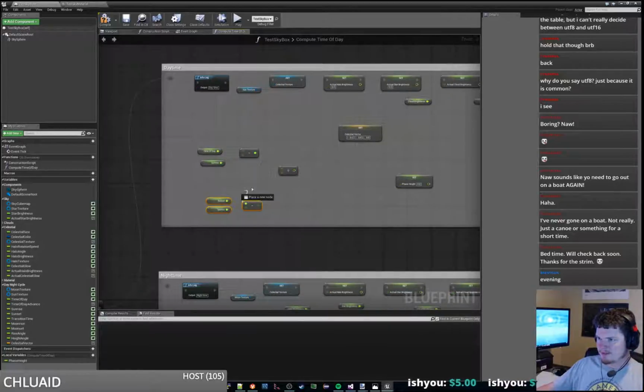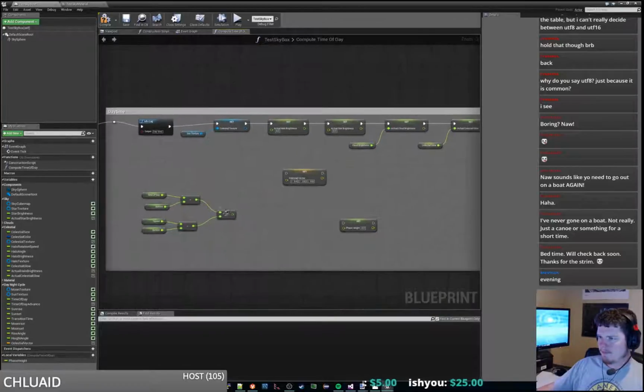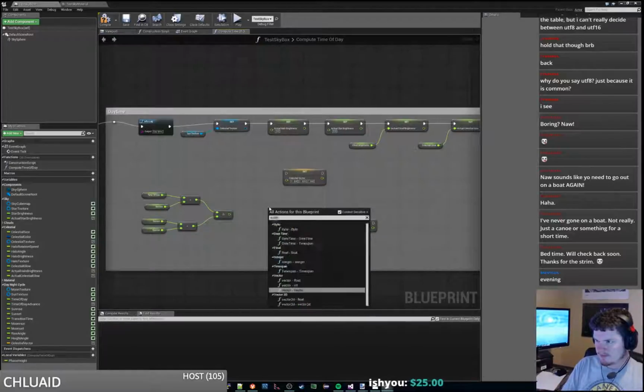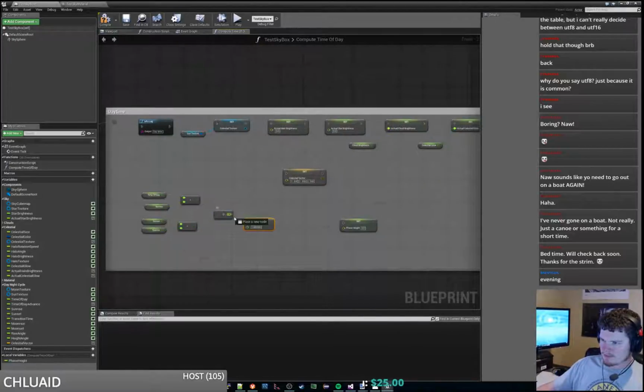Basically, that'll give us a value between 0 and 1. And let's do a subtract, so it'll be this minus 0.5. So we're from negative 0.5 to positive 0.5.